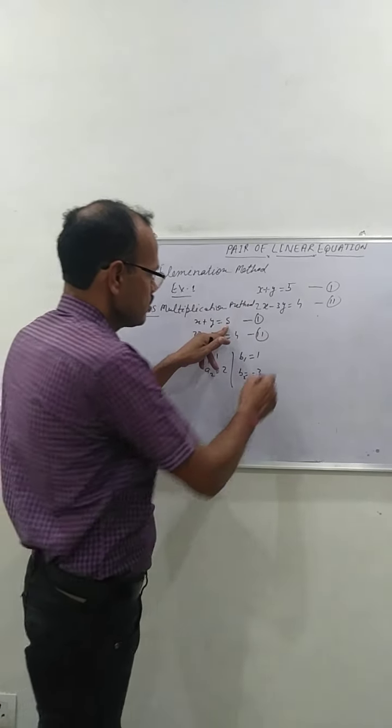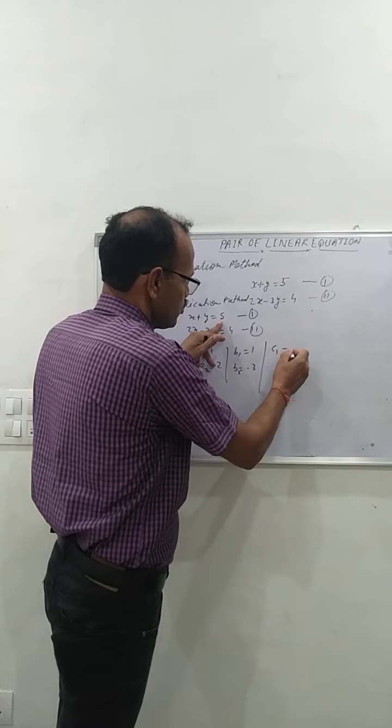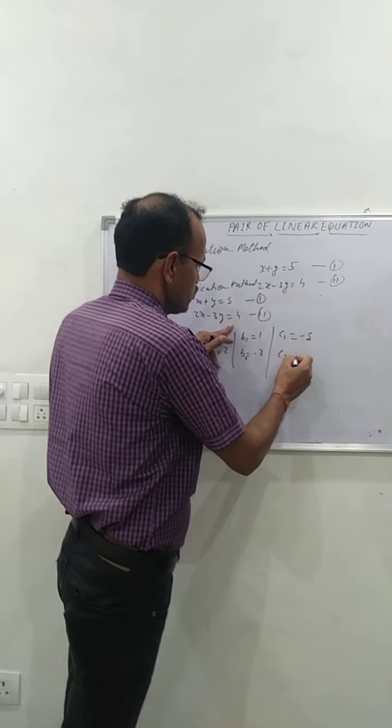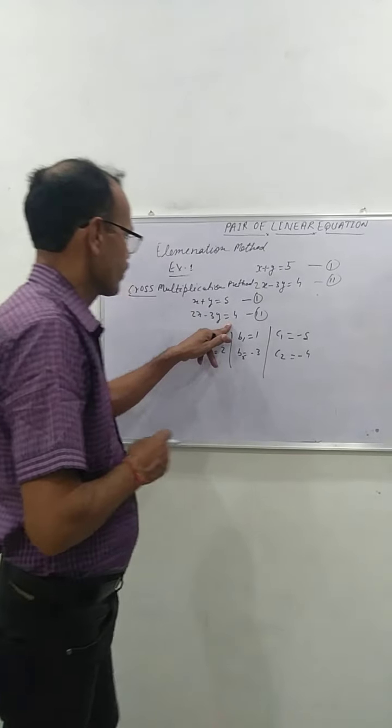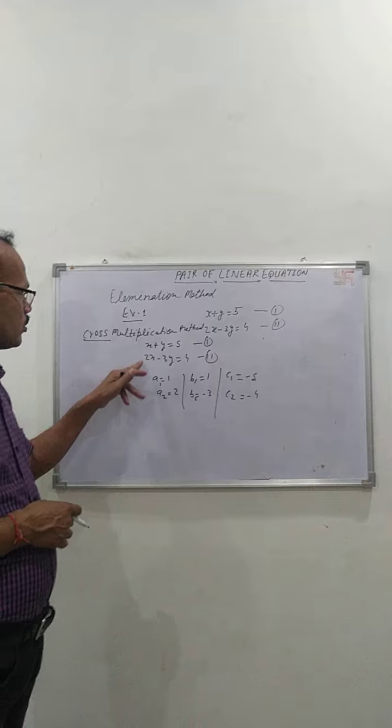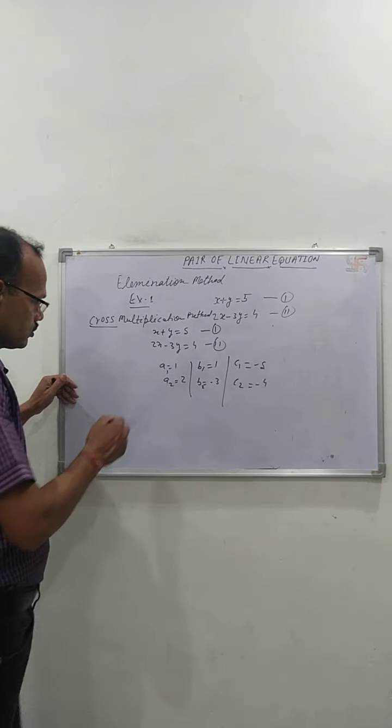Similarly, c1 is equal to minus 5 and c2 is equal to minus 4. After that, we check the condition for consistency.